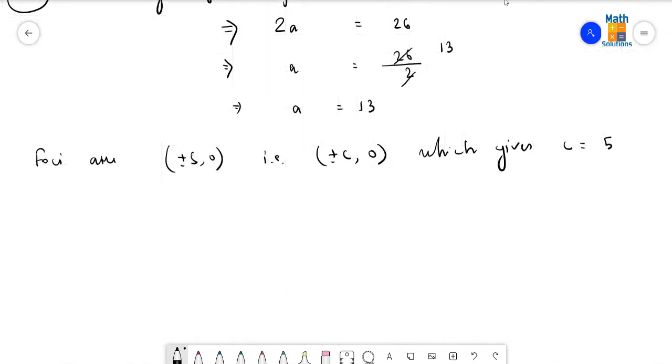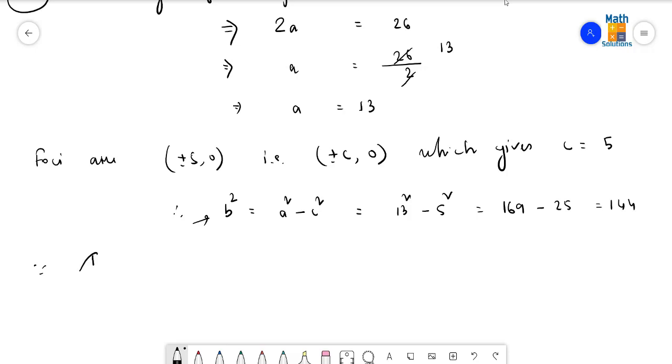Therefore b square is equal to a square minus c square, because for getting the equation, of course, a and b, both the terms are needed, and for finding out b, this is the only relation. So here it is 13 square minus 5 square, so 169 minus 25, so it is 144.